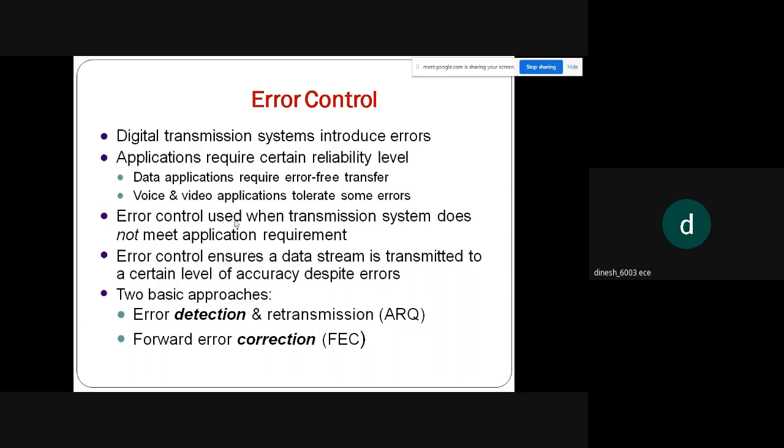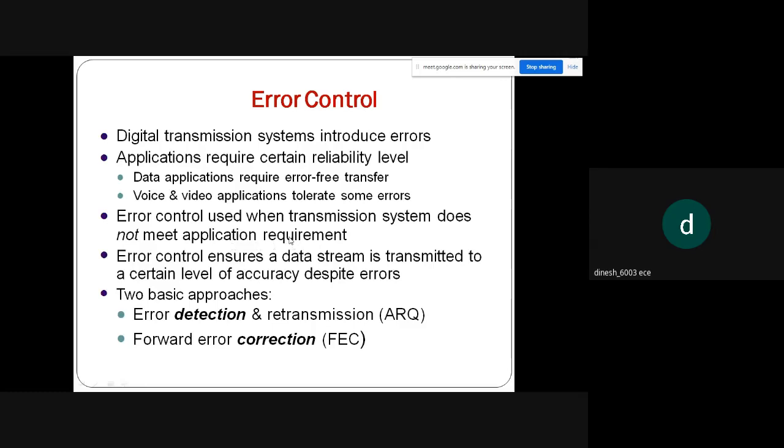Eliminating 100% of errors is not at all possible, but we can reduce them by using some controlling mechanisms, which we call error control. Error control is used when the transmission system does not meet the required application.